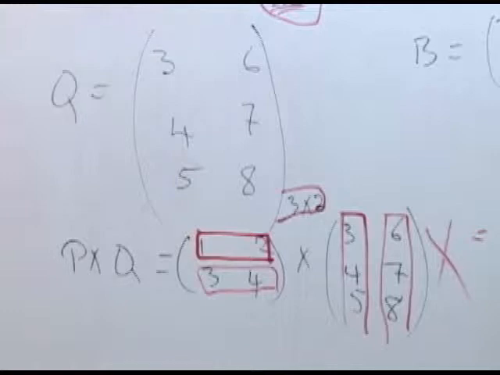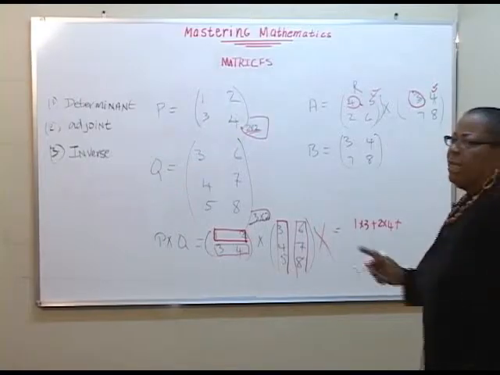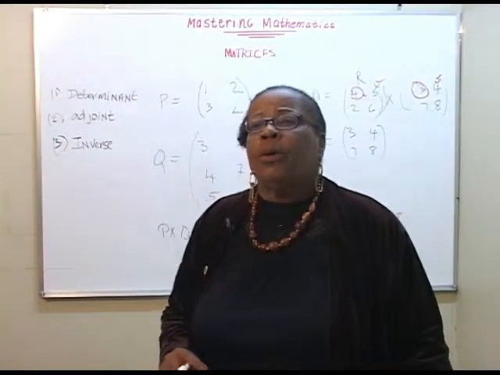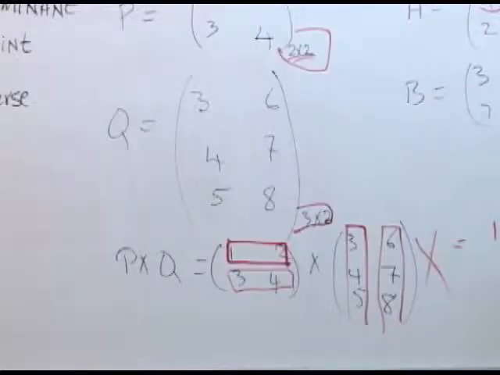So we have to notice that the order must match in both matrices that we want to multiply. These are some of the things that you can get on your multiple choice paper. The number of columns in the first matrix must be the same as the number of rows in the second matrix, and that is not so here.